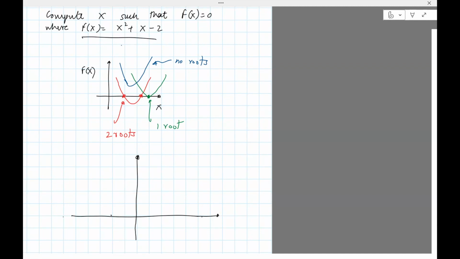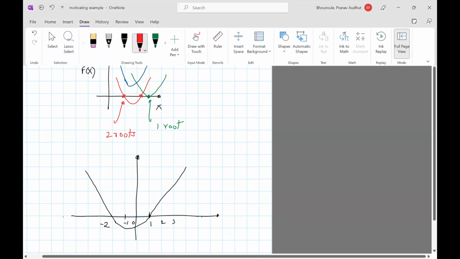Let's just draw the curve. It passes through 1 and it passes through minus 2. So those are the roots.